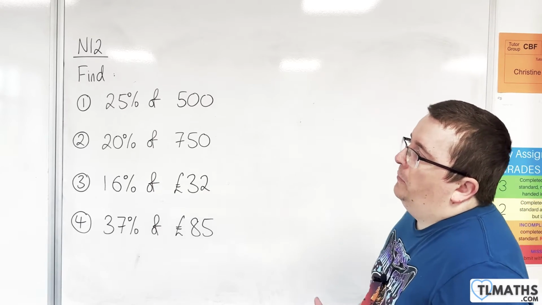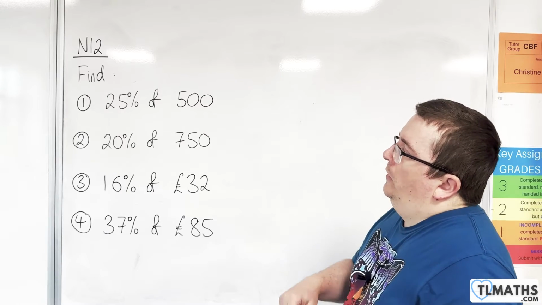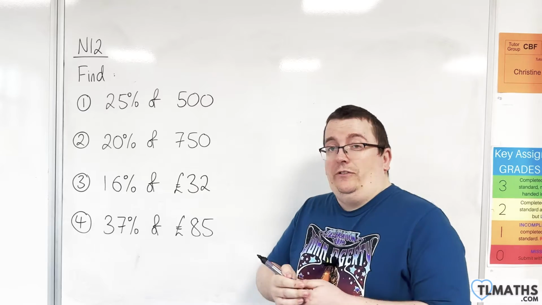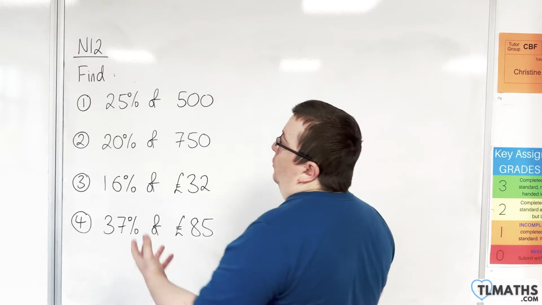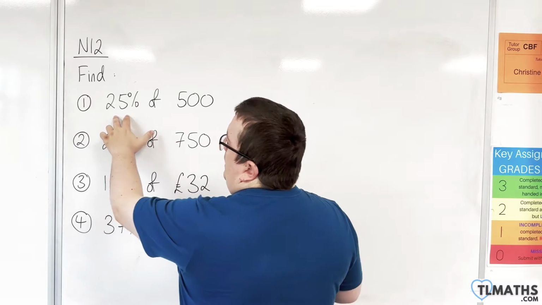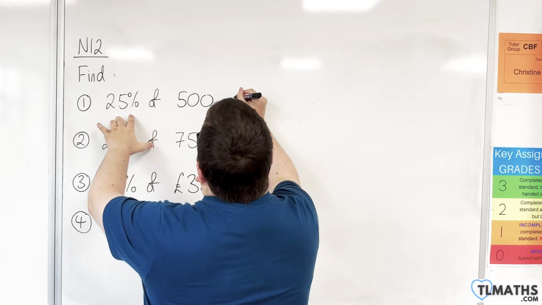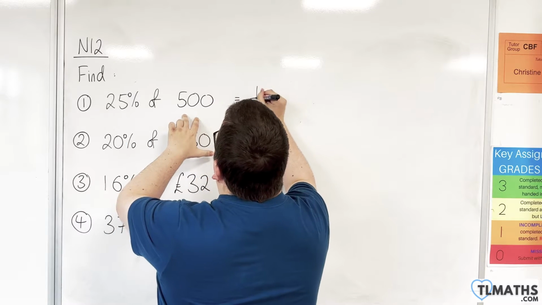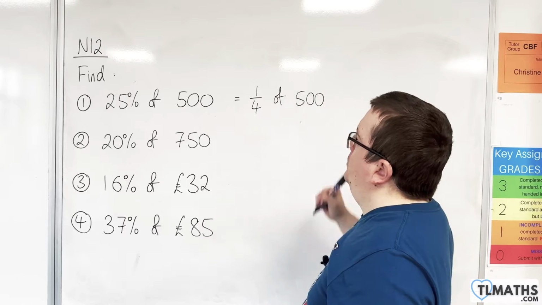We've got 25% of 500. So let's go through probably the easiest way first. The easiest way is to know that 25% is 1/4. So 25% of 500 is the same as asking what is 1/4 of 500.